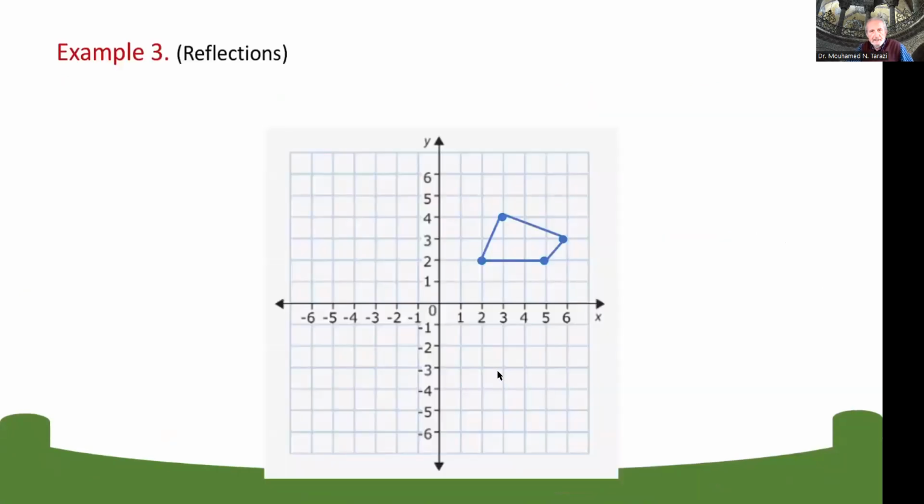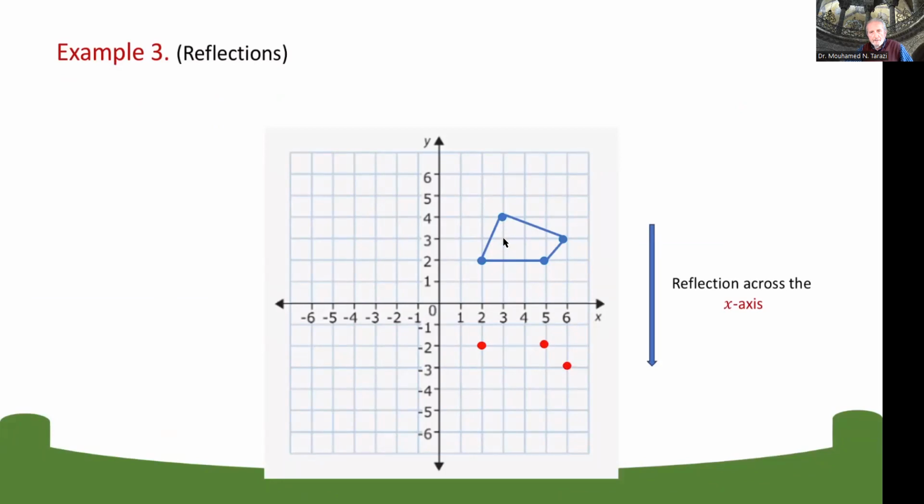Now let's see an example of this reflection. We're going to do across the x-axis. Now this point here, 1, 2, is going to go down 1, 2. Here, 1, 2, 3, count. You count 1. Don't count over here. When you walk, you count 1, 2, 3.